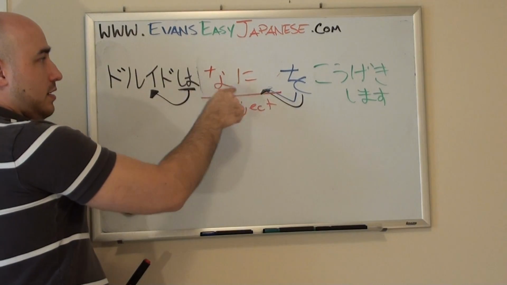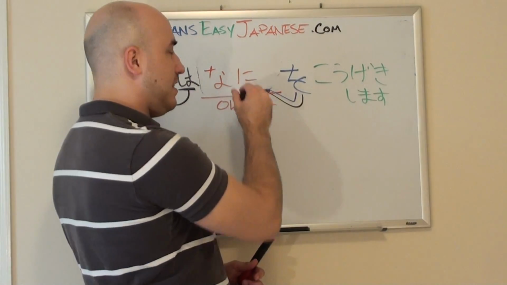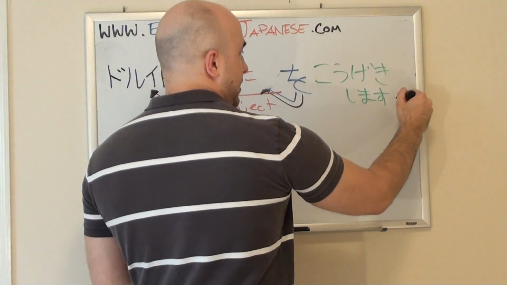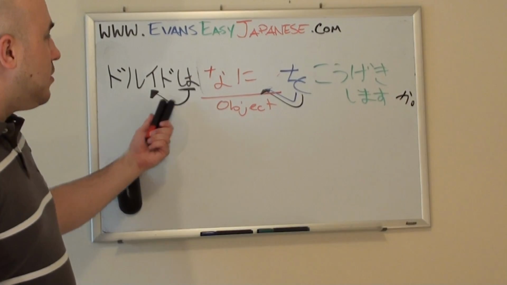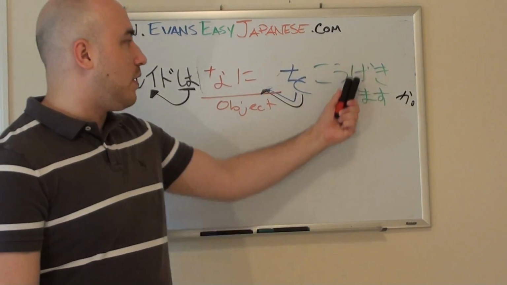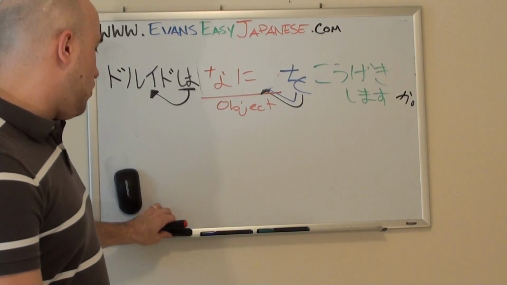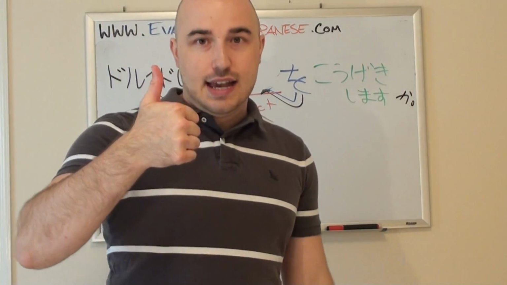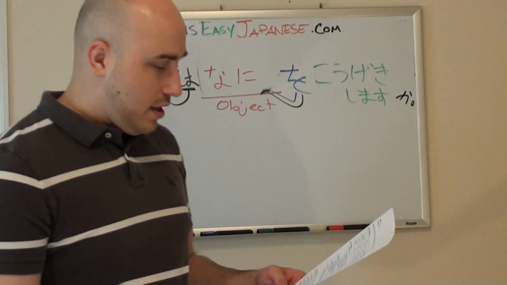Doruido wa nani o kougeki shimasu. Oh, because it's nani, we should probably tack on a ka at the end to make it actually a question, right? Doruido wa nani o kougeki shimasu ka? What does the druid attack? What's he gonna attack? What will he attack? What does he attack? Those are the two meanings with the shimasu form.